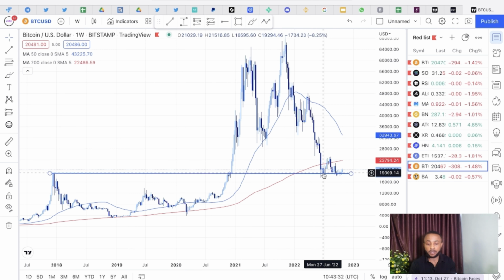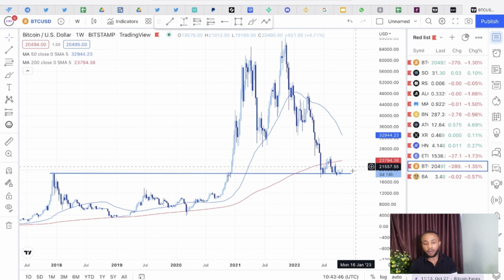We tested it here, and now we are having a short-term bullish rally. There's a likelihood that we will come back and test this support again, and once we do, there's a higher probability that we may break down.